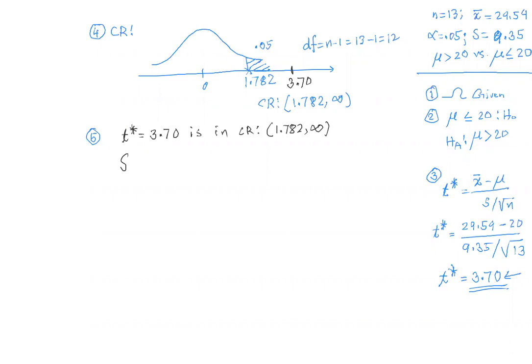Infinity. So reject H naught. It's in the critical region. H naught is mu is less than or equal to 20.